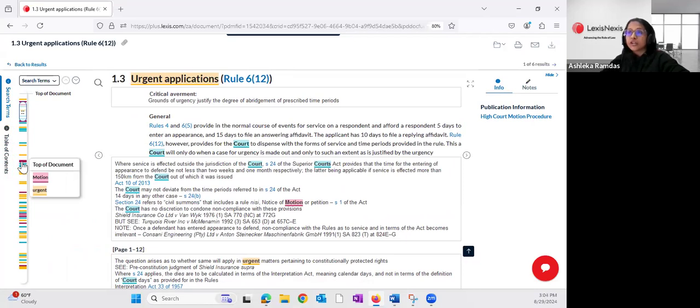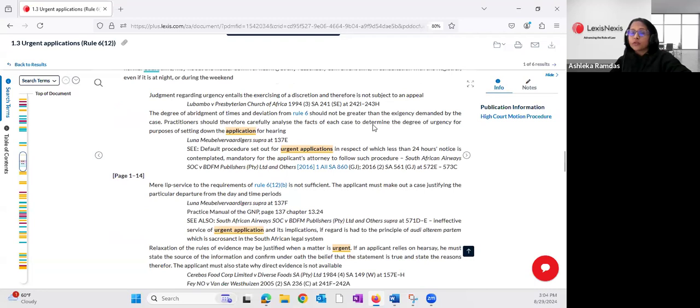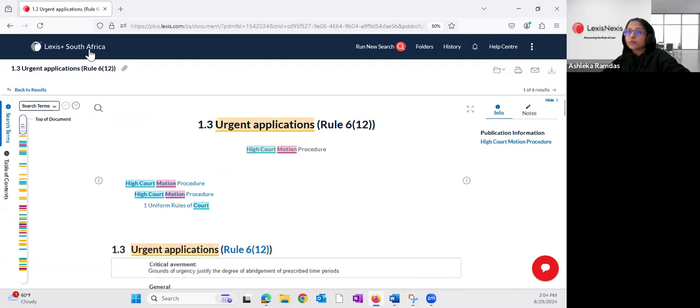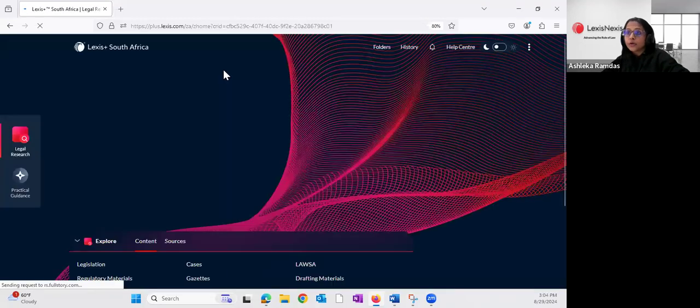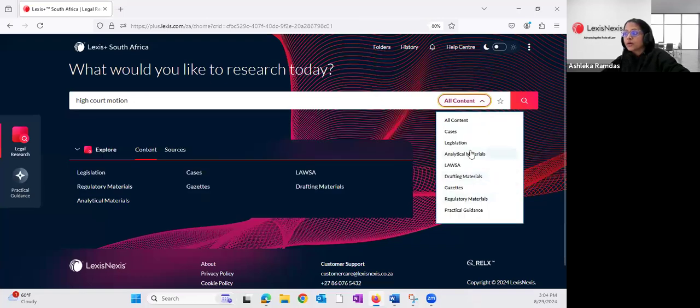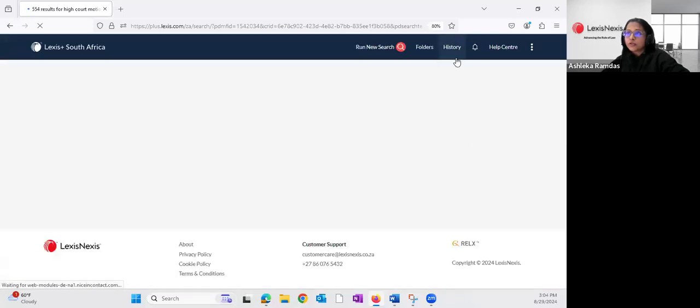I'm very interested in urgent applications, so I'd want to click on the specific keywords and look into where that concentration is, and also directing more to the case law, like both our advocates have been mentioning. When we have references to case law or statute law, that has been linked quite effectively. So that's bringing to the forefront how Lexis Plus South Africa can help you in terms of what you're looking for. Like I said, you can also direct your searches directly to what you're looking for on the platform.